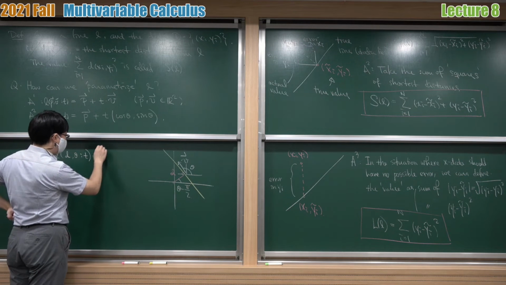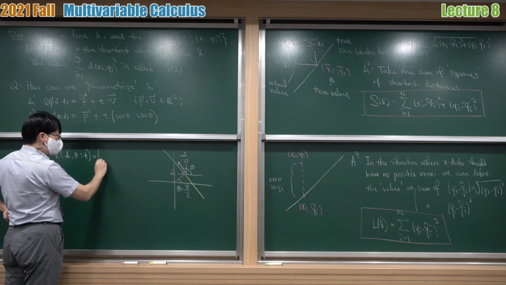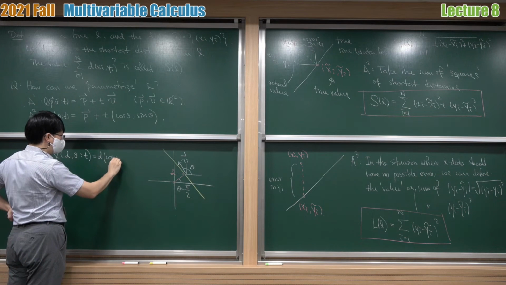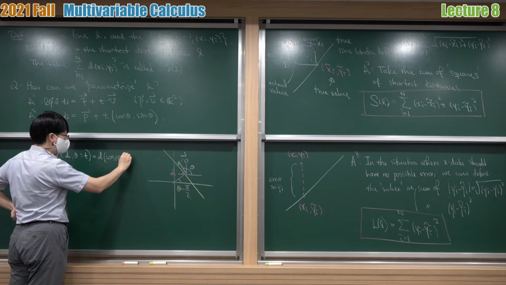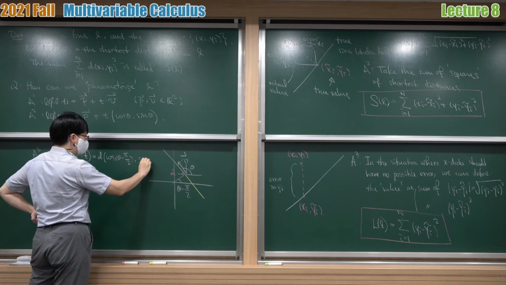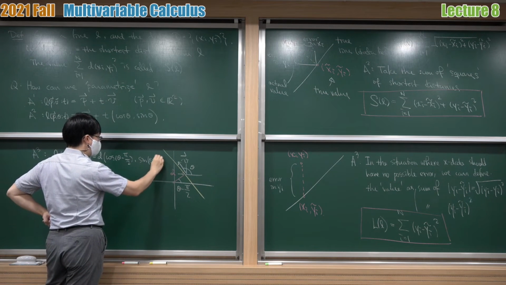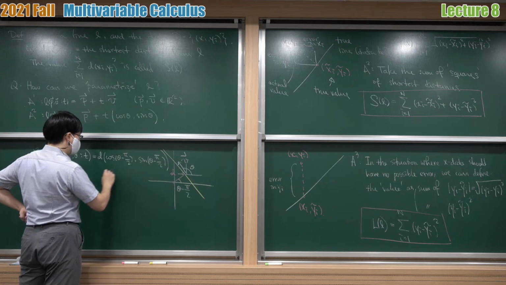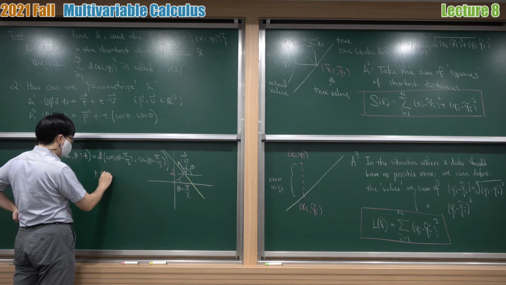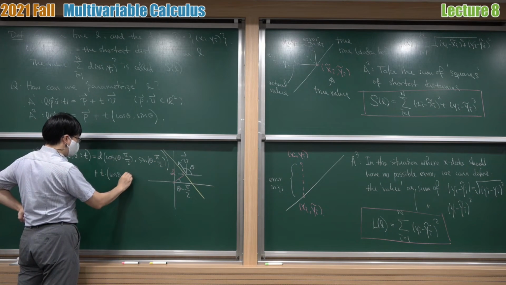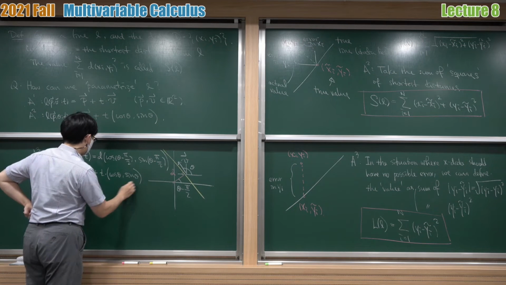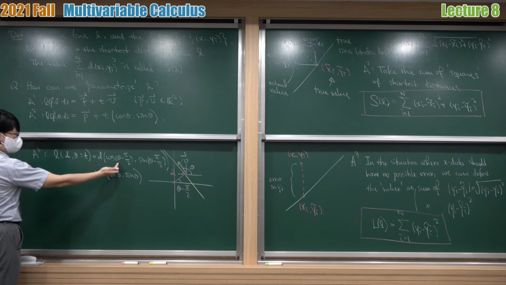So we have d cosine(theta minus pi over 2), sine(theta minus pi over 2). That's P. And V is cosine theta, sine theta. Let's make it simpler.